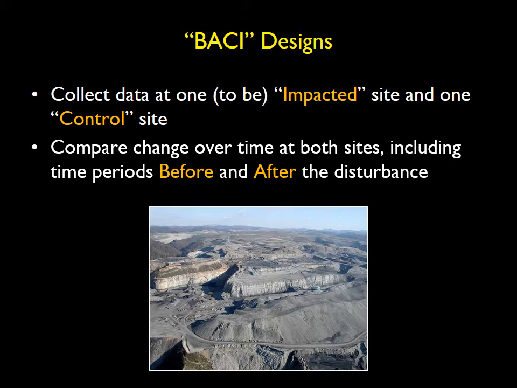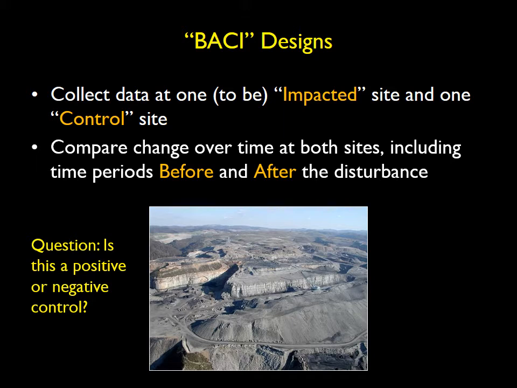And what I suppose you're sort of hoping is that there will be a greater change after the disturbance at the impacted site than there would be at the control site. But by doing this, you can see what's happening, right? You're controlling for change over time by collecting data at a site that is not experiencing whatever impact you're going to be subjecting it to.